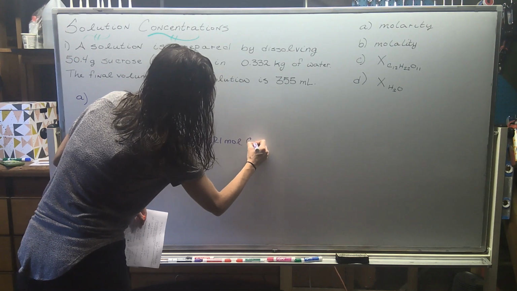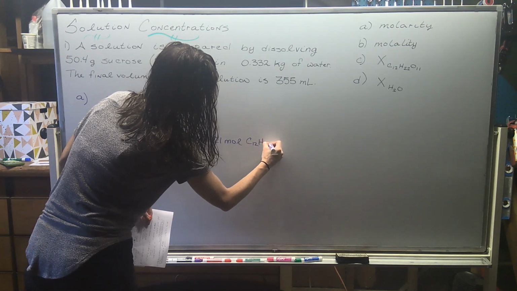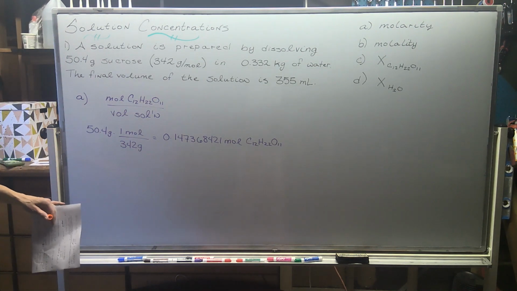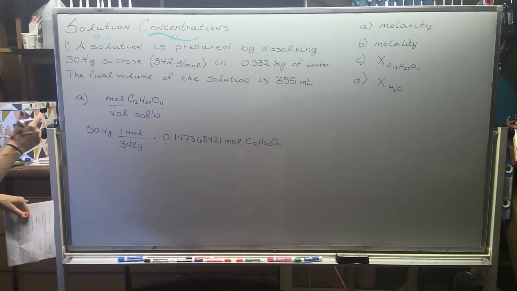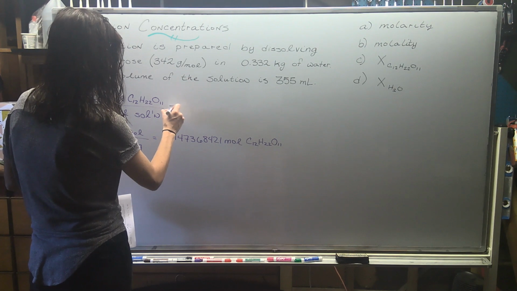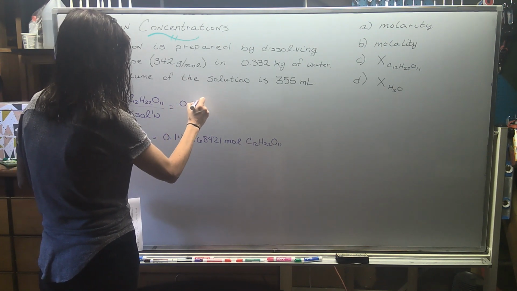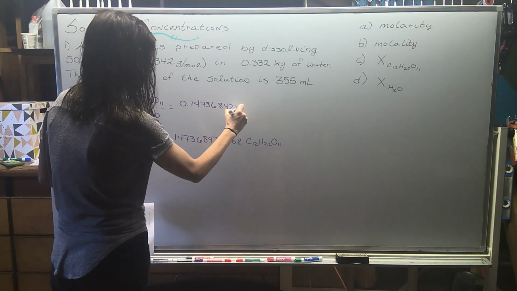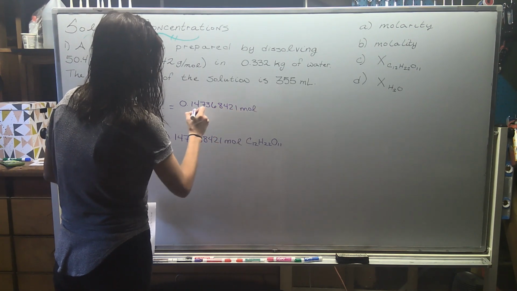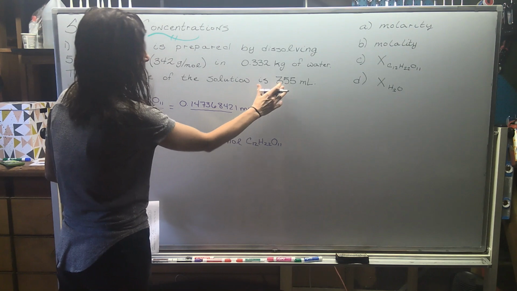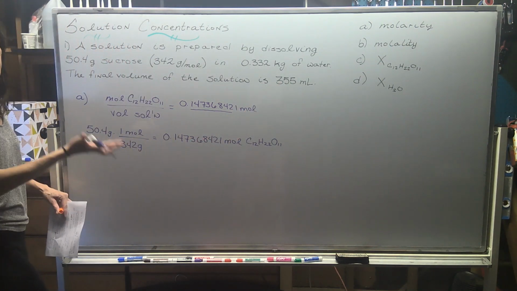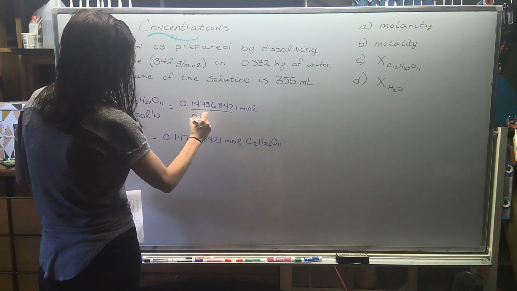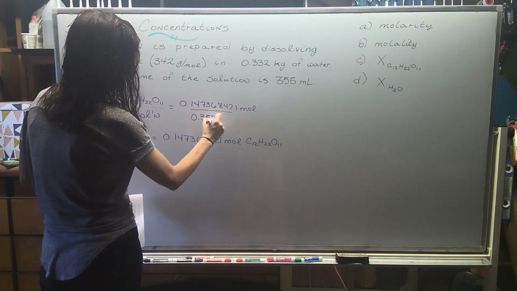I'm trying not to round until I'm completely done with the problem here. So that's going to go in the numerator. And in the denominator, I'm going to put my 355 milliliters, but I'm going to change it to liters. So I'm just going to divide by 1,000. So 0.355 liters.